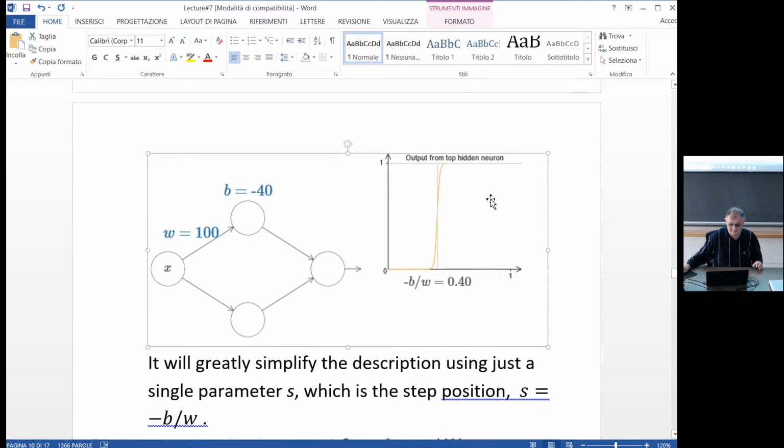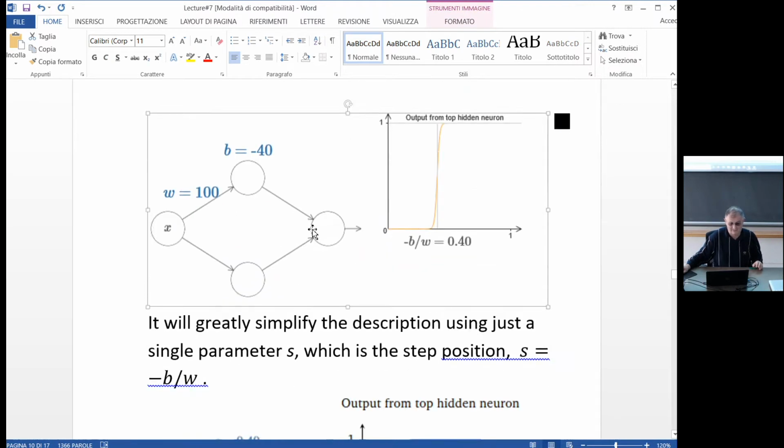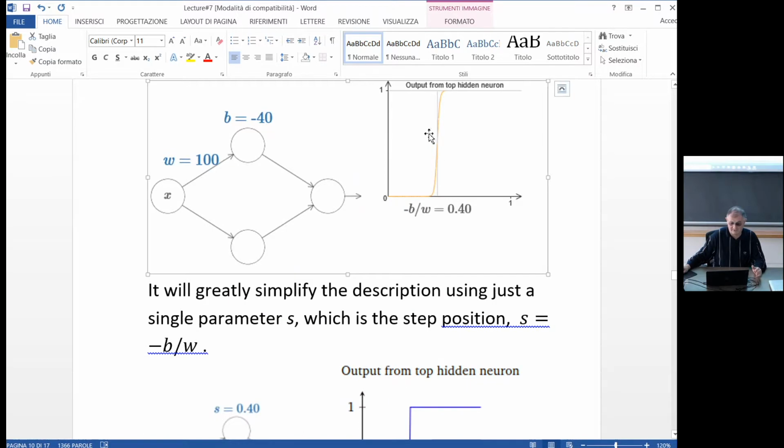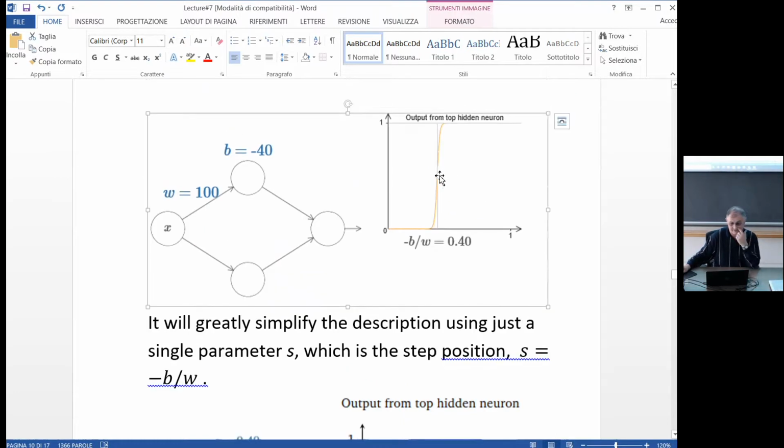So in this situation, we can rewrite this neural net and the corresponding output from the top hidden neuron.